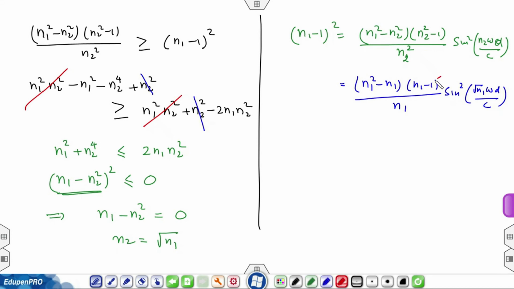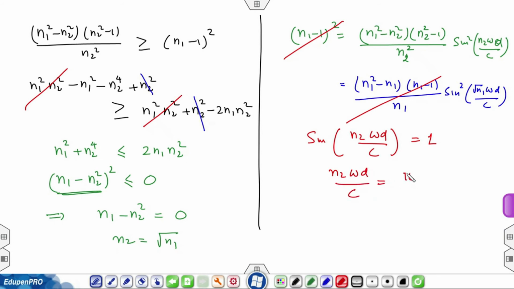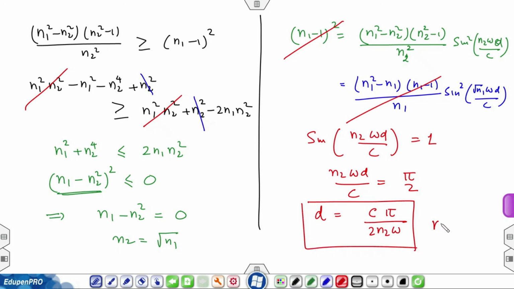Then I have this whole thing cancelling this, or sin(n2 ω d / c) equals 1, or n2 ω d / c equals π/2, and therefore, the thickness should be equal to cπ / (2 n2 ω). With this thickness and n2 being square root of n1, I will have no reflection.